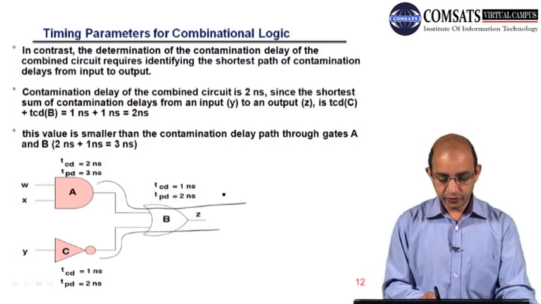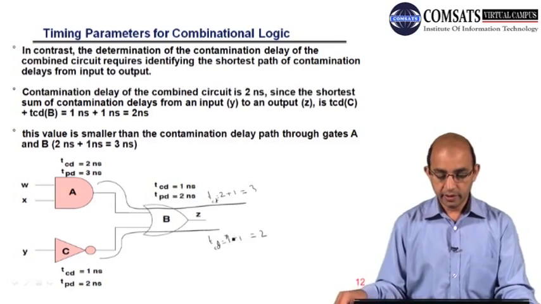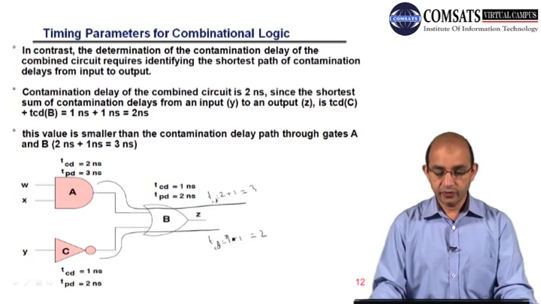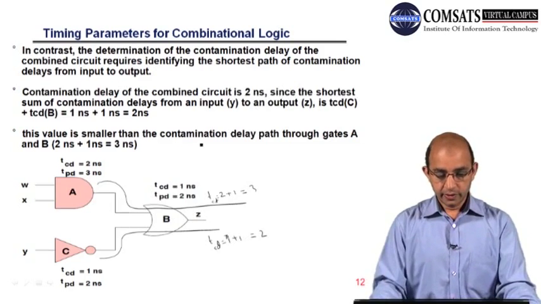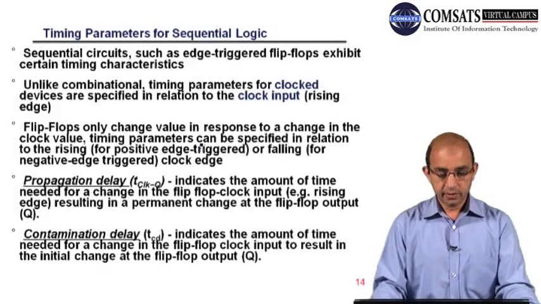So for this, 2 plus 1 is 3, and this is 1 plus 1, 2. So this is TCD, contamination delay. In case of TCD we have to take the shortest path. So this is the shortest path. So that's how we handle it.